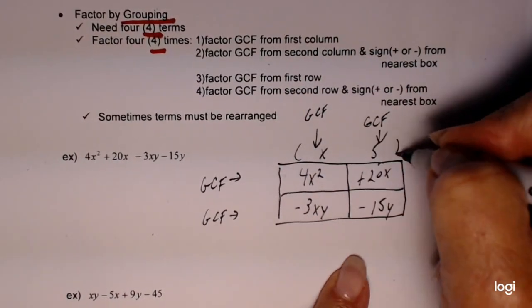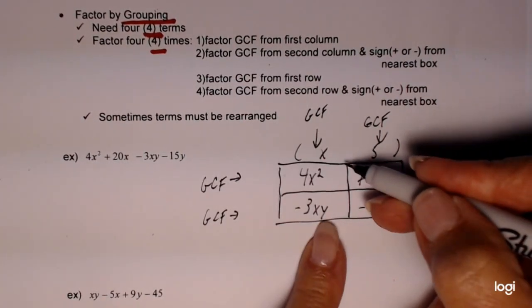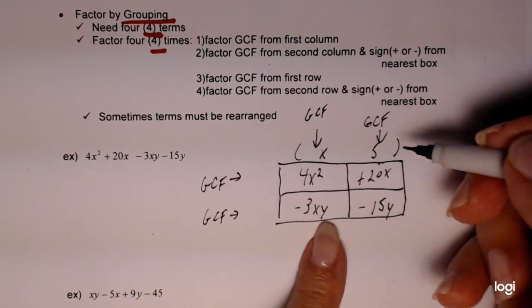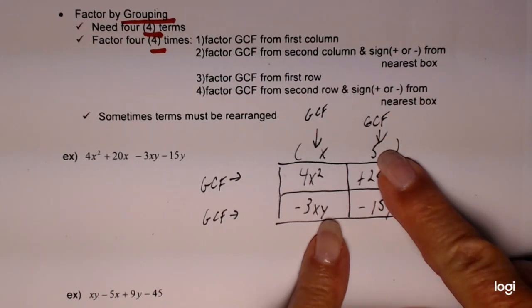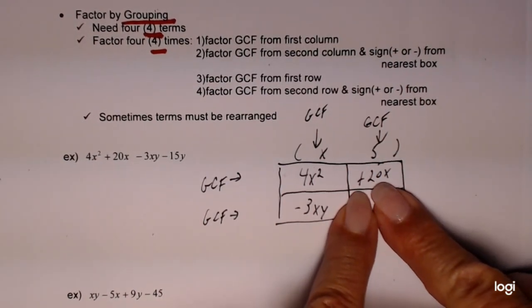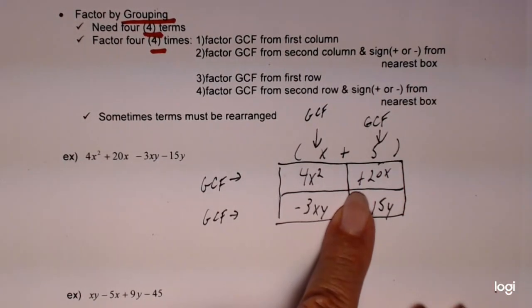So there is our first factor. And now we need a plus or minus sign in here. To get that, we go to the box this 5 is sitting on top of. 5 is sitting on top of this plus 20. So this is going to be a plus sign in that factor.